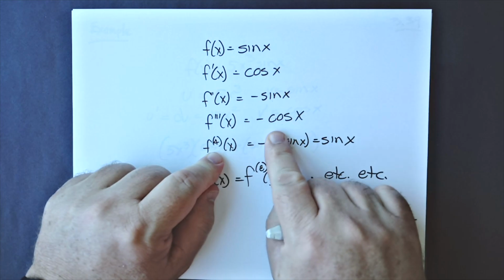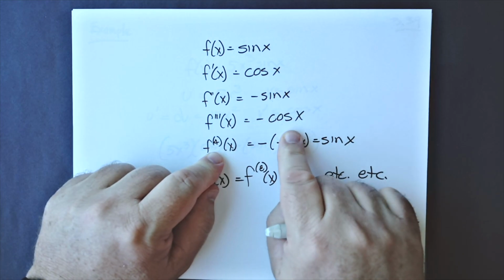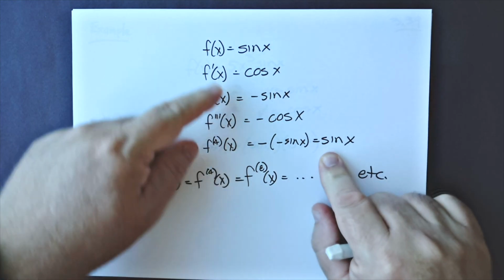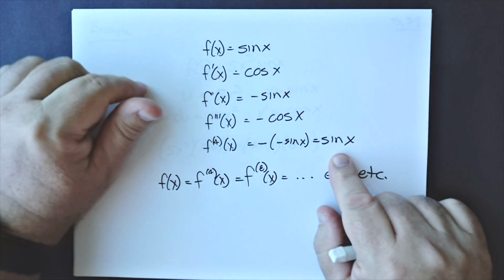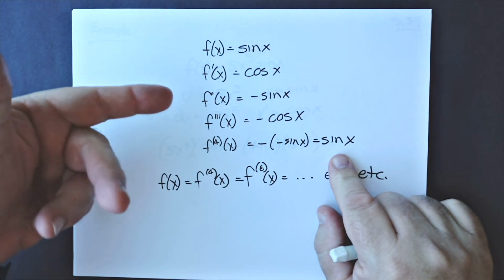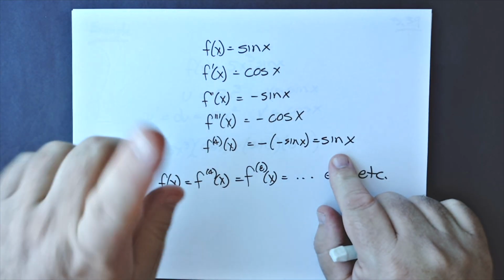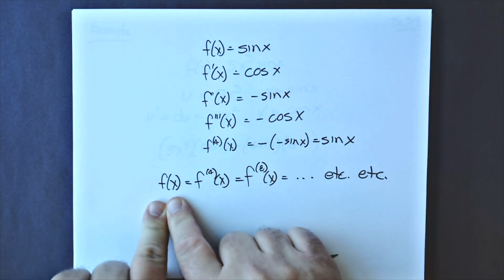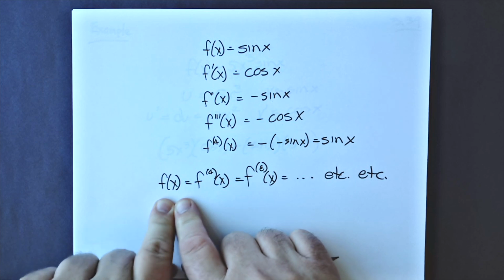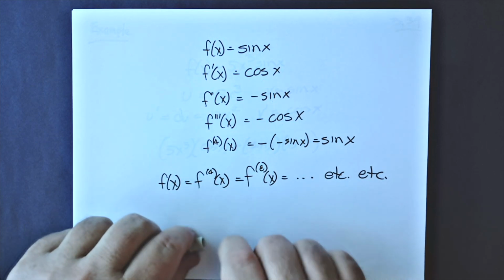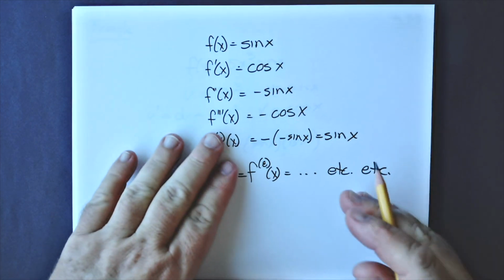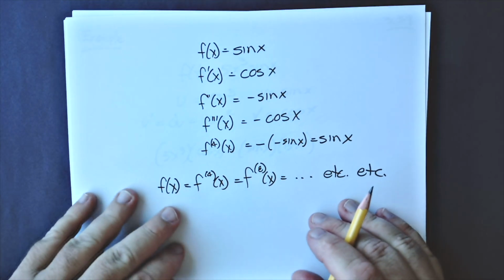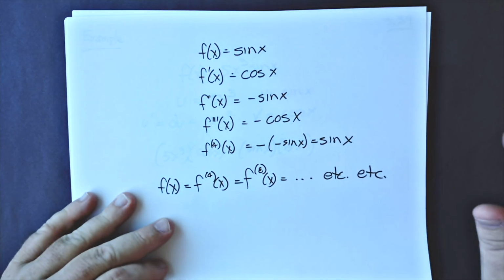Then it's the negative of this negative cosine, so it's the sine, which goes back to the sine. So every 4 derivatives, they loop back around again. For example, the rule would be that if the function is sine, then the fourth derivative is the same. The 8th derivative would be the same. 12th, 16th. Every multiple of 4 is going to have the same answer.